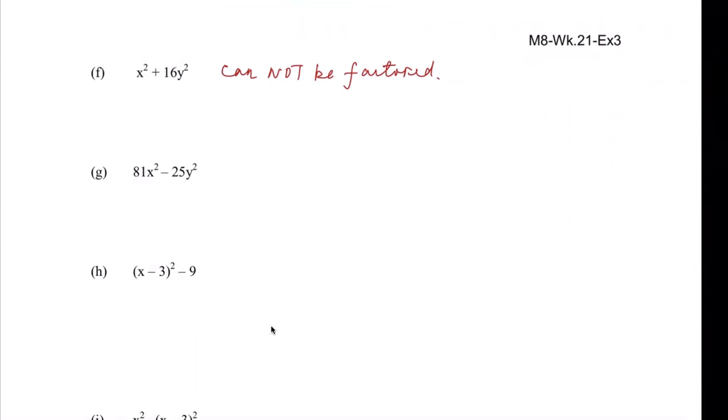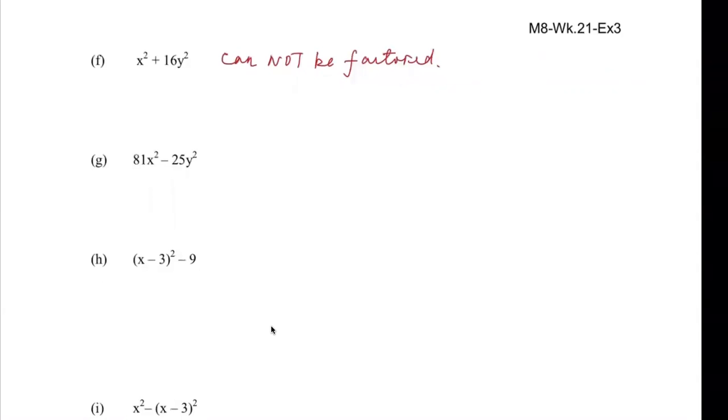For now, I don't want to say too much about why, because I don't want you to get confused. Just remember, only expressions of the form something squared minus something squared can be factored.